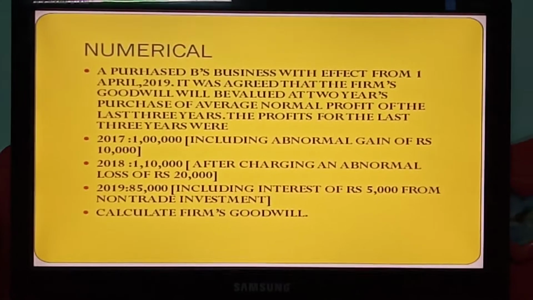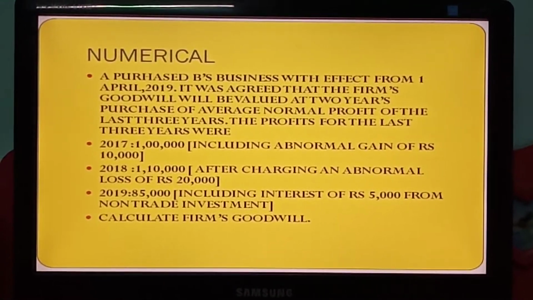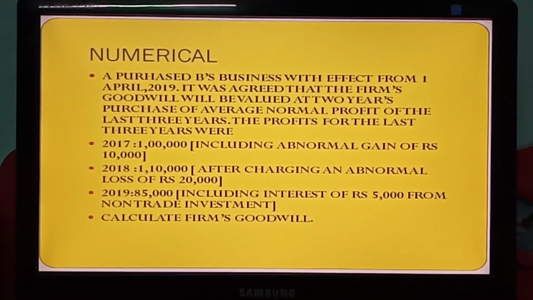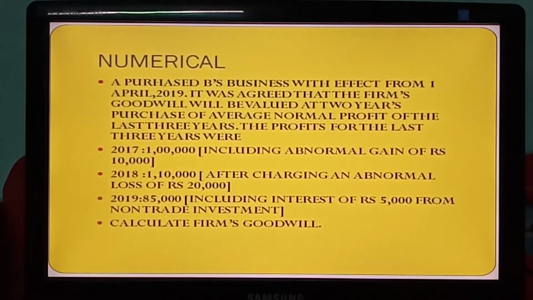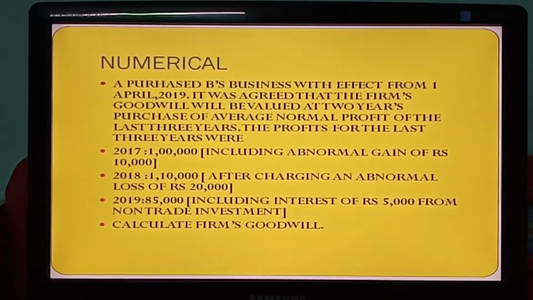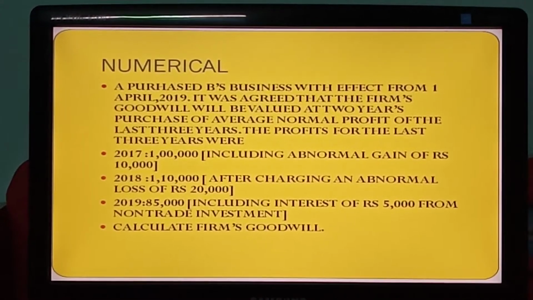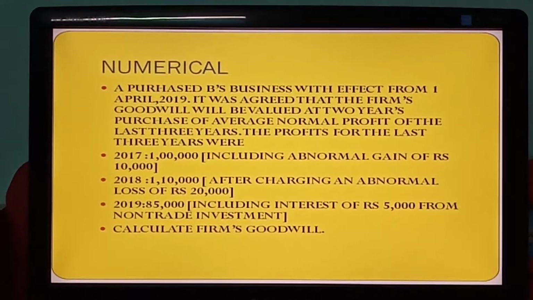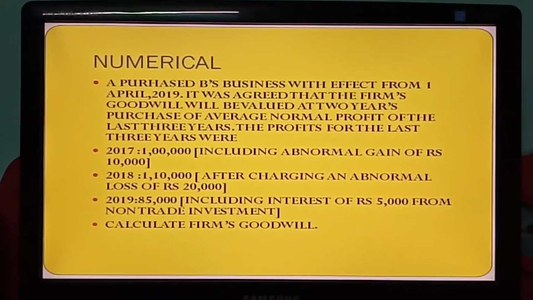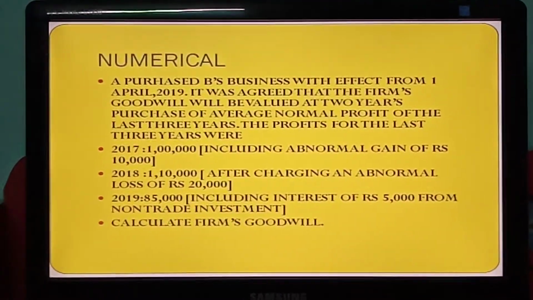In 2018, the profit was 1,10,000, after charging an abnormal loss of rupees 20,000. In 2019, the profit was 85,000, which includes interest of rupees 5,000 from non-trade investments. We have to calculate the firm's goodwill on the basis of 2 years of purchase.